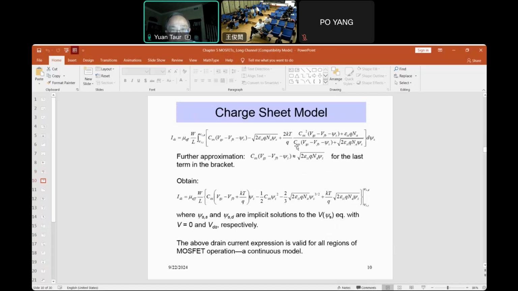Furthermore, we can make another approximation so that this integral can be done analytically. That is this aspect, because we notice that there are 3 terms. The third term is kT over q, which is small, only 26 millivolts. So the third term is not important unless the first and second term happen to cancel each other.